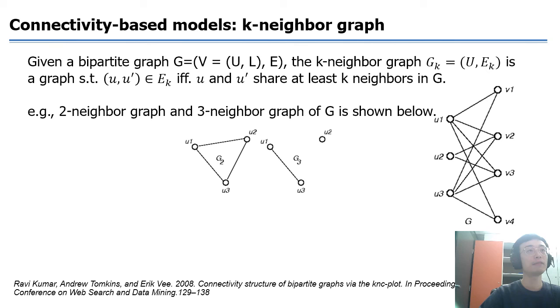Consider the connectivity. We have the definition of the k-neighbor graph. Given a bipartite graph G, the k-neighbor graph G_k is defined on the upper layer, and it can also be defined on the lower layer.